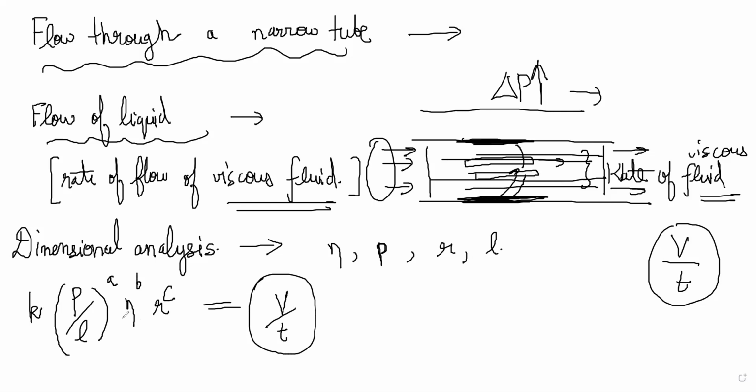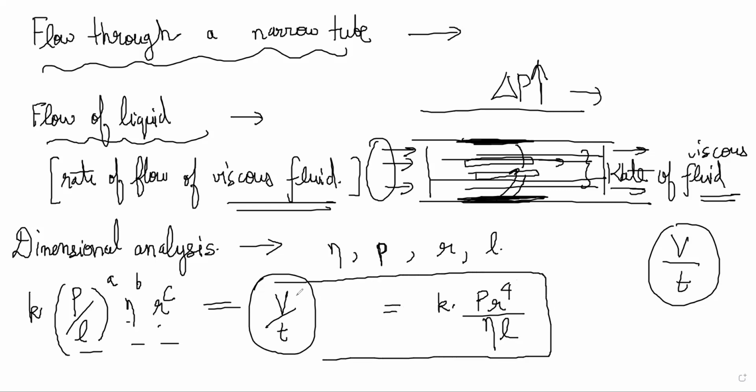Now he does dimensional analysis here. He finds the units in SI units for each thing, puts powers, and then solves for A, B, and C. By solving this, he found it equal to K P R power 4 by eta L. So V by T comes out to be equal to this.